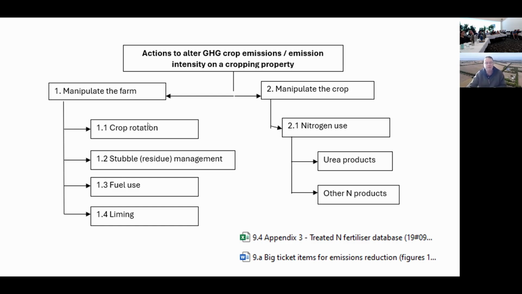But there's no doubt that crop rotation, particularly pulse or legume in the rotation in some way, shape or form, and then enabling that to change the amount of urea that you're using does have an impact. Okay, I don't know what it is for each individual system and what that opportunity is, but if that opportunity does exist, have a play around with it because it will make a difference. The calculator recognises that, so to speak.